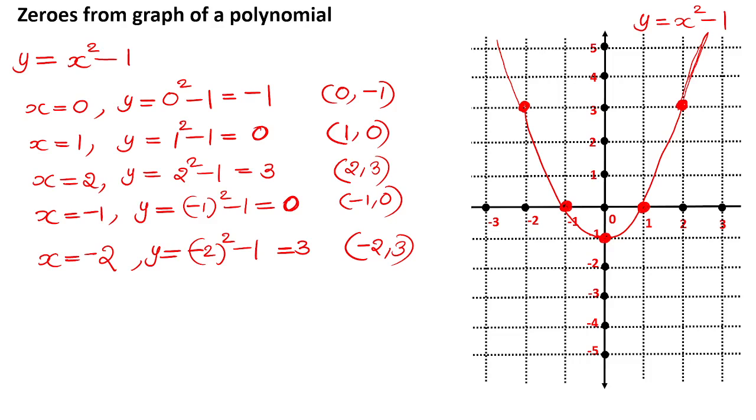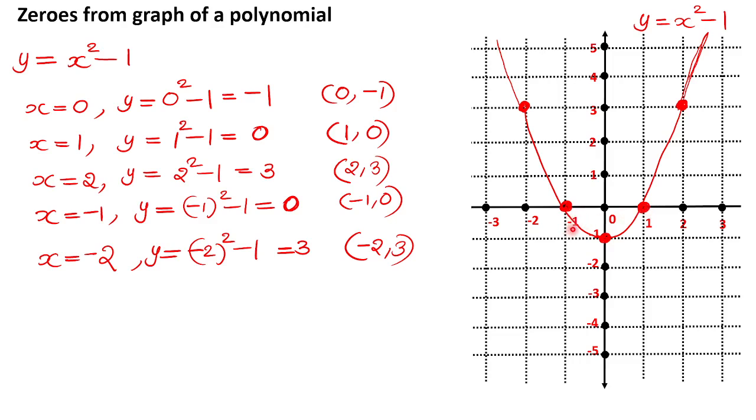Drawing the graph is not there in our syllabus, but if the graph is given, we can easily find out zeros. Once this graph is given, without any factorization, you can find out the zeros. This graph cuts the x-axis at minus 1 and 1. Is it correct? When x equal to 1, the polynomial value is 0.